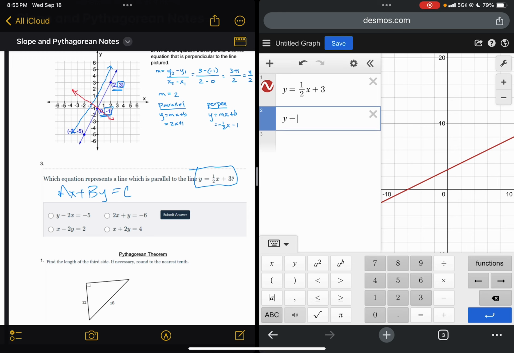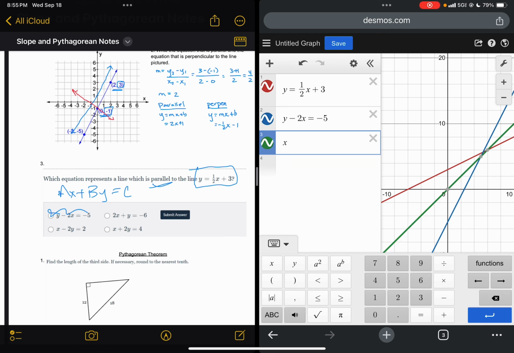So y minus 2x equals negative 5. Does that match as a parallel line? No, it doesn't. So I know that's not it. Now the next one: x minus 2y equals 2.